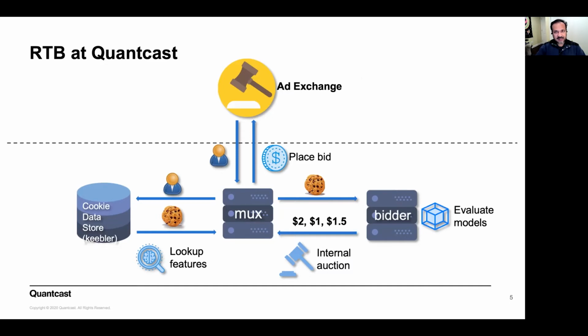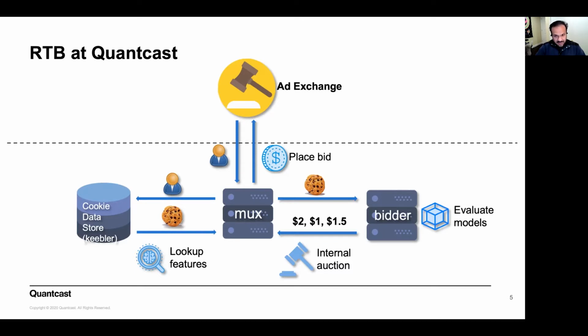And this is a more detailed overview of how the real-time bidding stack works in Quantcast. The ad exchange sends the ad request, and that request first comes to a system called MUX. The MUX applies some filters and removes ad opportunities that we don't want to participate in. The ad request might be fraudulent. It might be on a page that we don't want to show our ad inventory on, things like that.